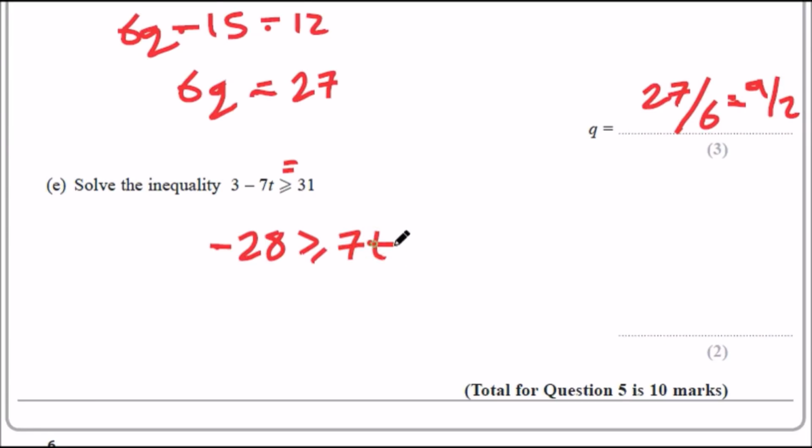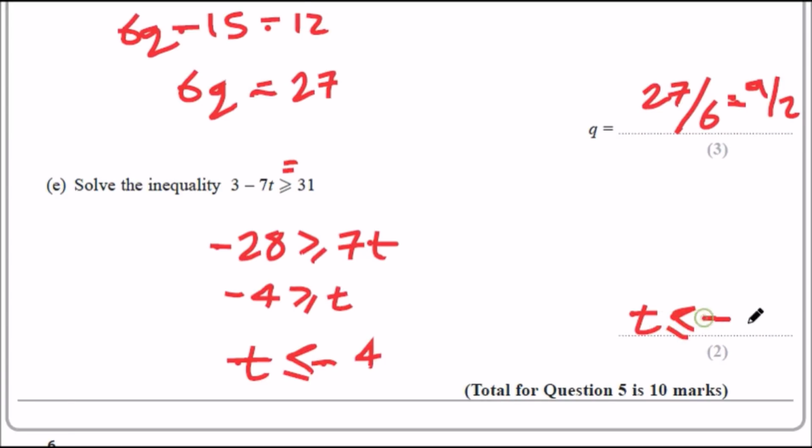Divide 7 across, you're going to have minus 4 greater than or equal to t. In other words, t is less than or equal to minus 4. Remember, the less than or equal sign is on the t. So then we can just say t less than or equal to negative 4. Well done, guys. Well done.